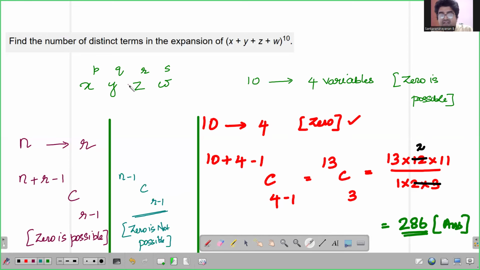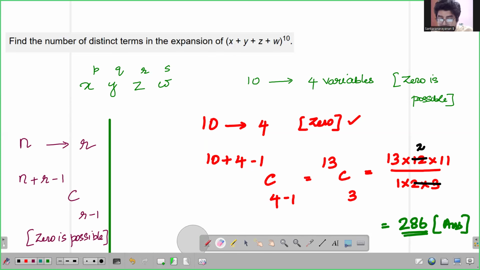If that constraint is given, then the ways you can do it will be n minus 1 C r minus 1. But here you have to consider 0 is possible. So my answer will be n plus r minus 1 C r minus 1, which is 286. All right. So that's how the calculation is done.